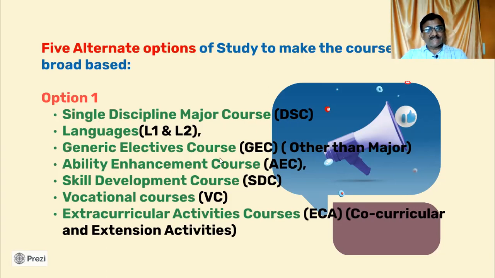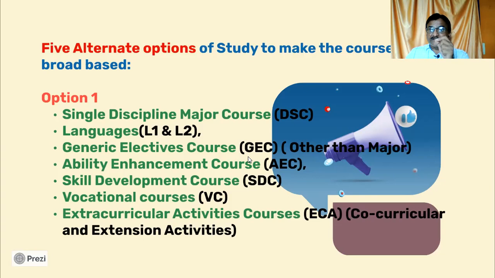And the next one is the elective courses. That is generic elective courses. In these generic elective courses, it should be purely in a general type of discipline, which is not at all concerned with the disciplines you have taken as the major courses or the major elective courses or the minor courses or the other optional courses as well.